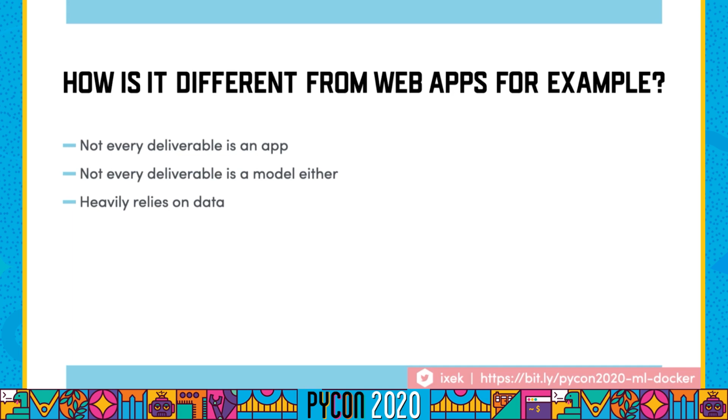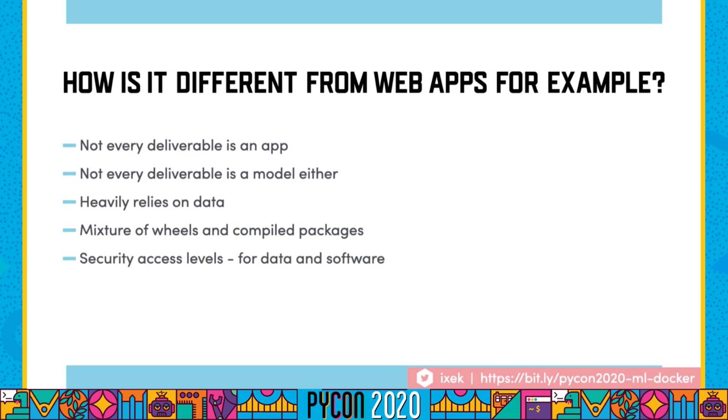We heavily rely on data. Data is one of our most valuable assets. And we'll also have a mixture of wheels and compiled packages. A lot of the Python scientific ecosystem packages actually rely on compiling the binaries.